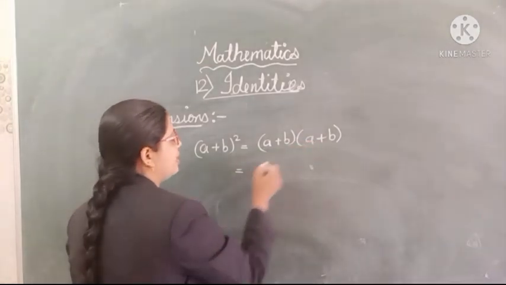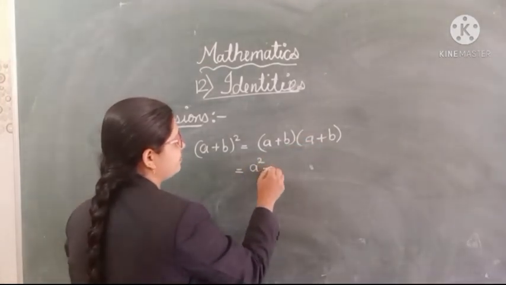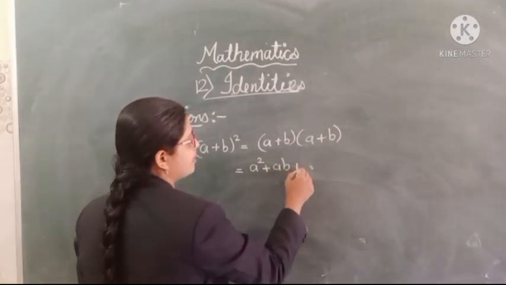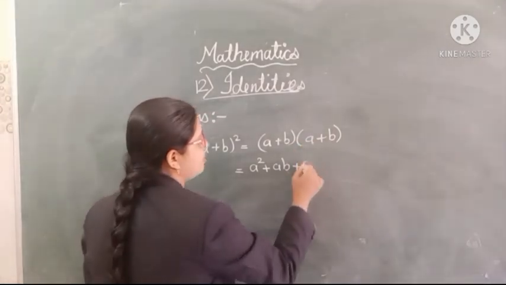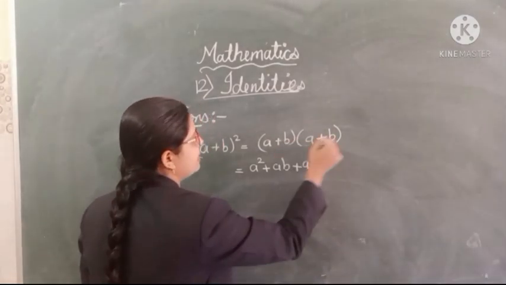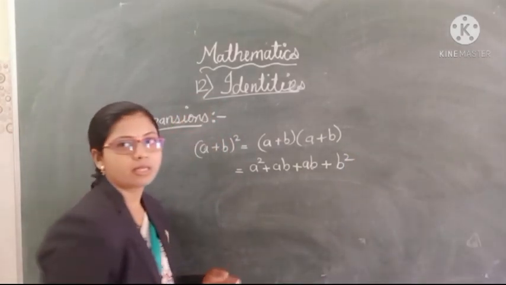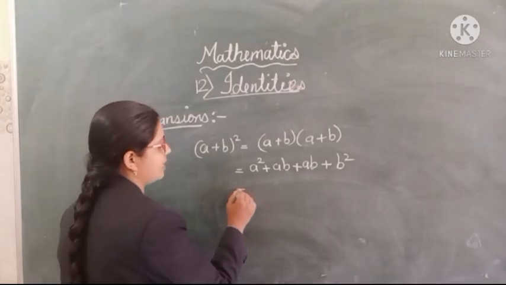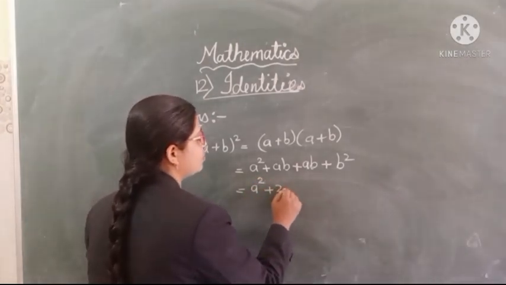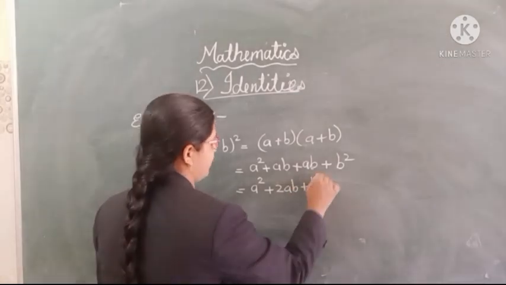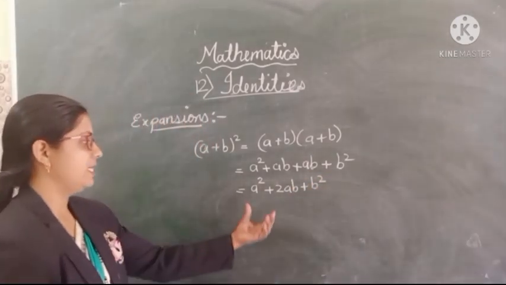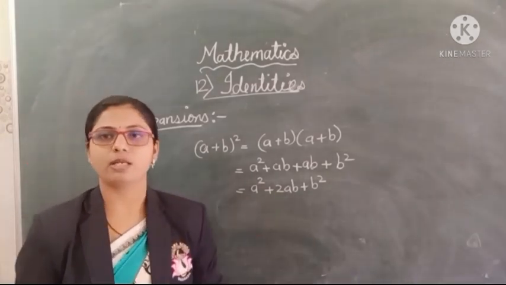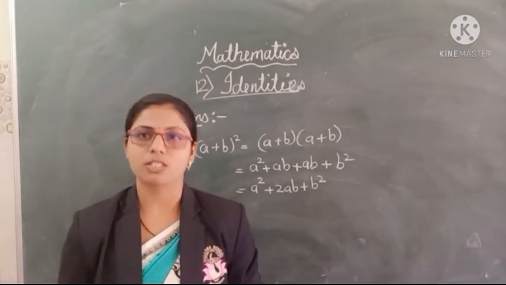A into a is a square, plus a into b is ab, plus b into a is ab, plus b into b is b square. Now you can see here ab and ab are like terms, so we can do the addition of that. That will be a square plus 2ab plus b square. Right? So in this way one identity is formed: a plus b bracket square equals a square plus 2ab plus b square.